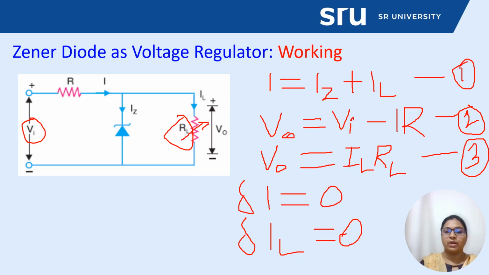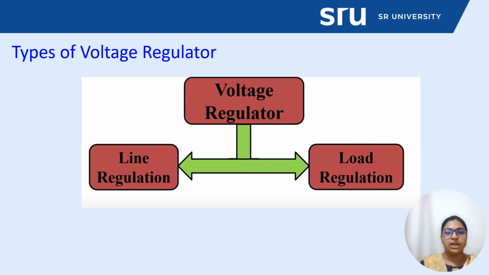So now depending on this we can divide the regulator into different types. Basically the voltage regulator can be of two types: one is line regulation, another is load regulation, depending on the variation of the load and the input voltage.